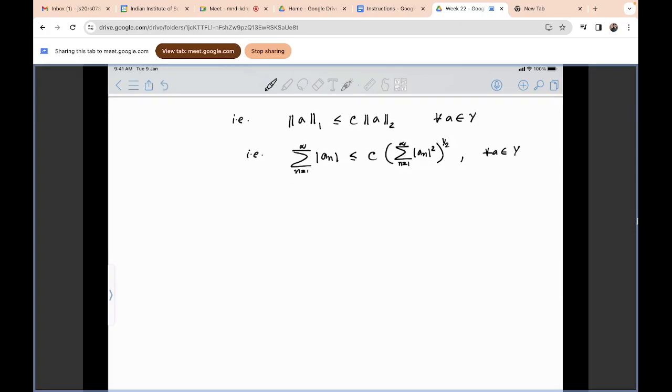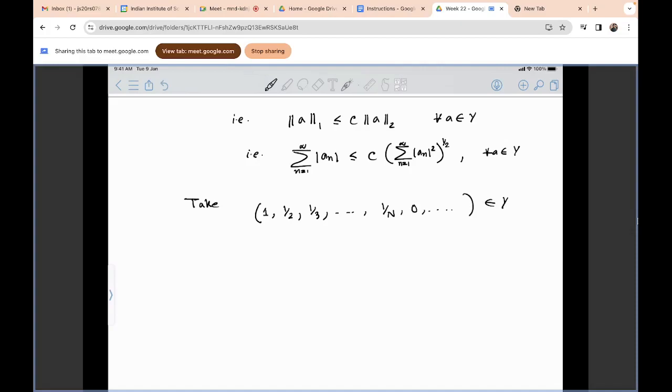So let's take this sequence first. Take 1, 1/2, 1/3, up to 1/n, and then 0. So this is in Y, right?